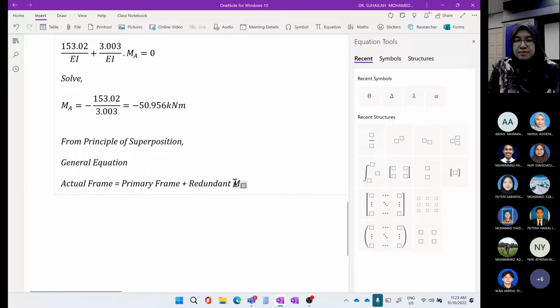And we have three: AY, AX, and CY, right? Three remaining. We want to calculate AY.